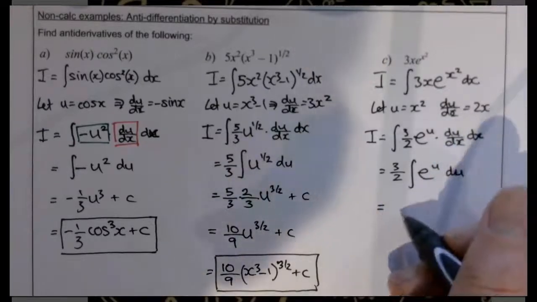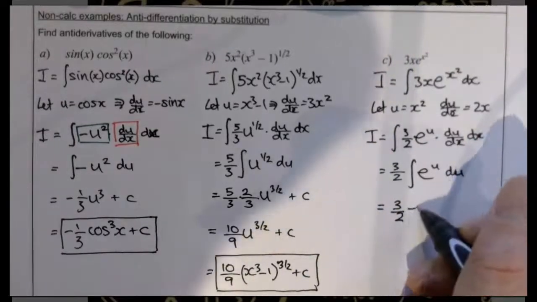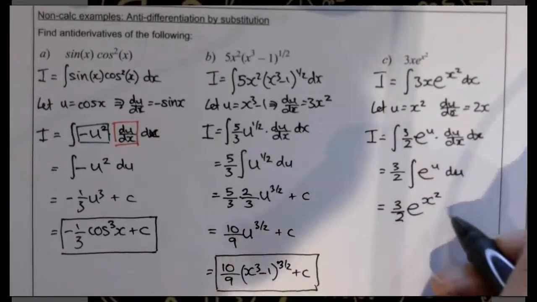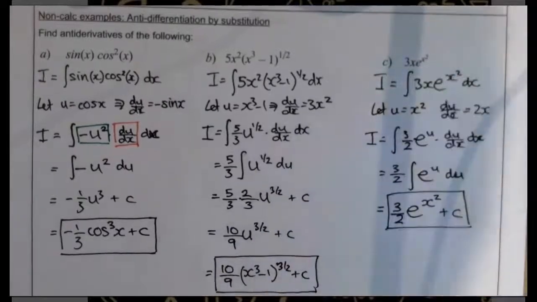If we integrate e to the power u, we just get e to the power u. So overall, we have 3 over 2 e to the power x squared plus c, and that's our solution.